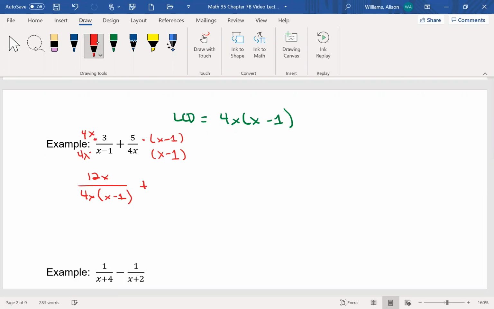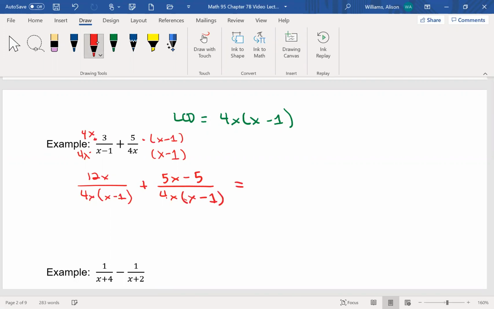Plus, okay, so over here, I'm going to distribute the 5. I am going to multiply this one out because I have to add these two numerators together, so I can't have that as a multiplication. Oh, sorry, that's a minus 5. I said it and then I didn't write it. So 5x minus 5 all over 4x, x minus 1. Oops, sorry. Okay, so got the LCD.